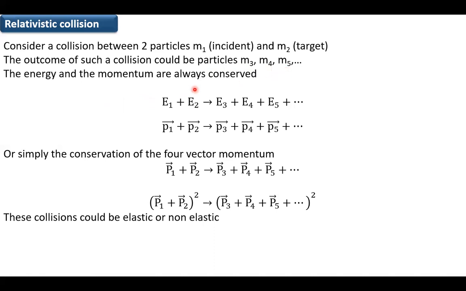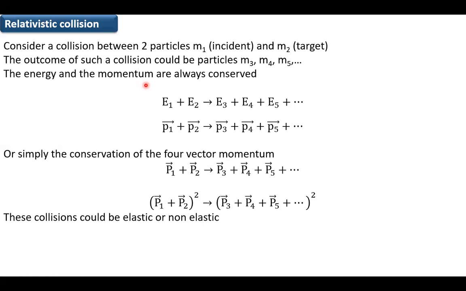So a high energy collision could create new particles, or could keep the same particles M1 and M2. And we will see the difference between the two cases. As in classical mechanics, as in any regular classical Newtonian collision, you always have a conservation of momentum.